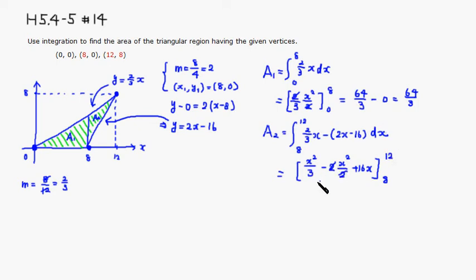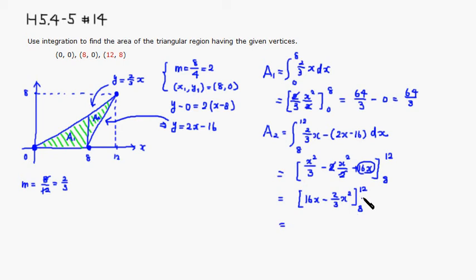Cleaning it up, 16x first, minus x squared over 3 minus x squared, which is 2/3 x squared, going from 8 to 12.